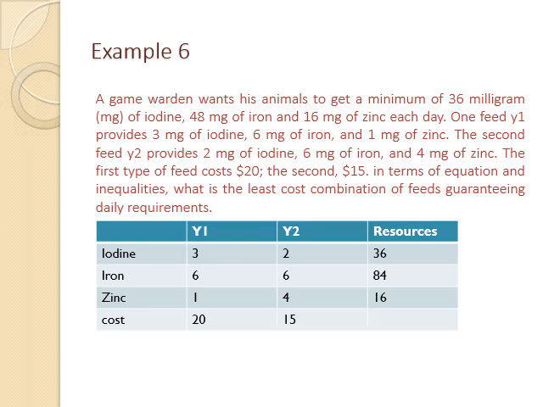The cost of 1 unit of Y1 is $20, while the cost of 1 unit of Y2 is $15. So this is the first time we face an objective function for cost minimization. Now let us move to the next slide to see how we are going to formulate an LPP for this problem.